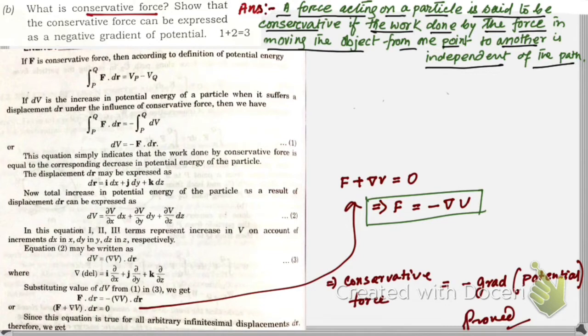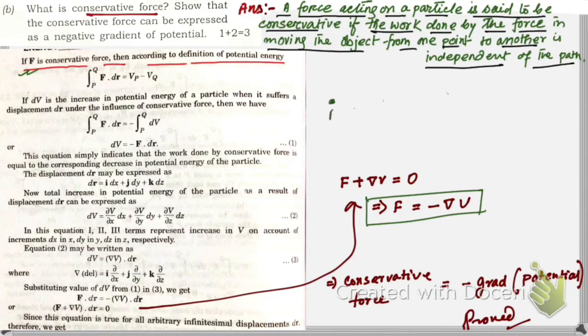Now you see, F is the conservative force we have considered, according to the definition of potential energy, right? So let me consider that this F is the conservative force acting on a particle.